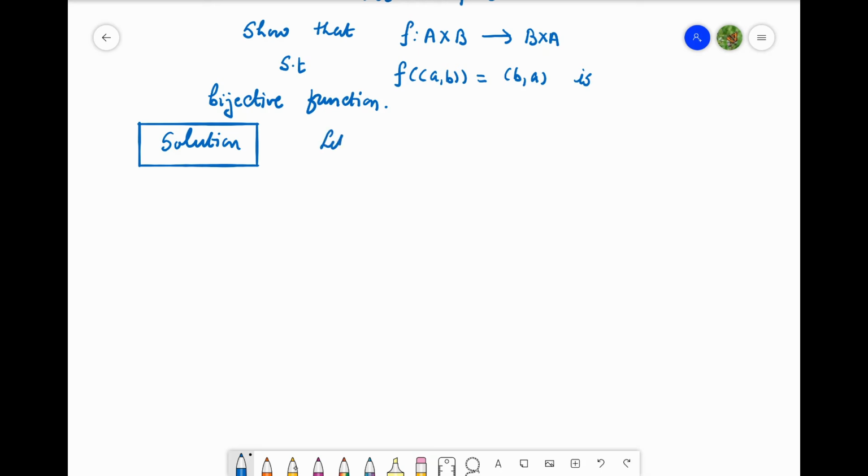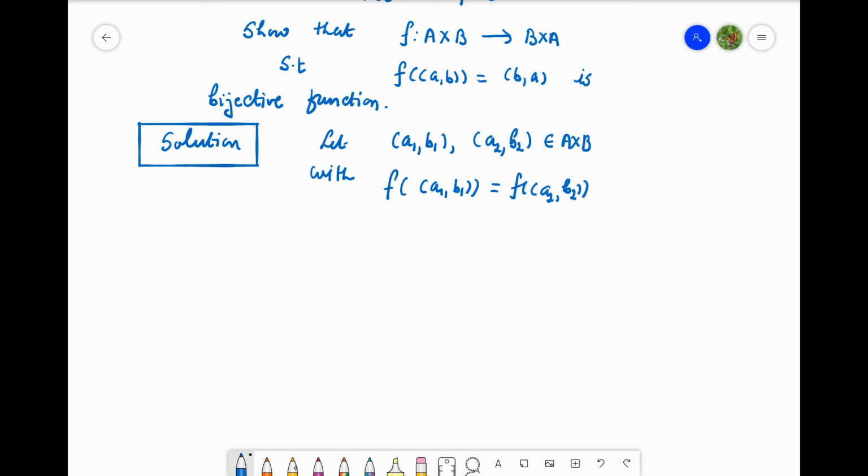So let (a1, b1), (a2, b2) belong to A cross B with f of (a1, b1) equal to f of (a2, b2). Normally we take f of x1 equal to f of x2 and we show that x1 equals x2, but since here the domain is the cross product of two non-empty sets, the elements will be ordered pairs.